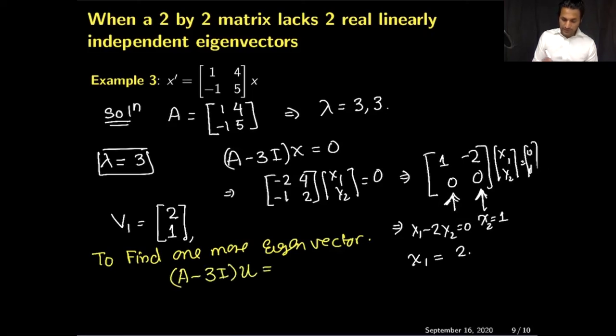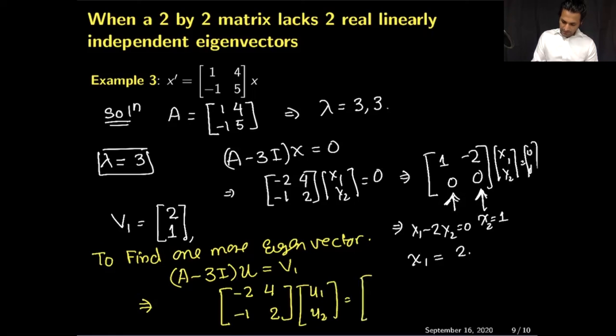Suppose u has components u1 and u2, and my column v is 2, 1. If I use Gauss-Jordan elimination, I will get negative 2, 4, 0, 0, times u1, u2 equals 2, 0.